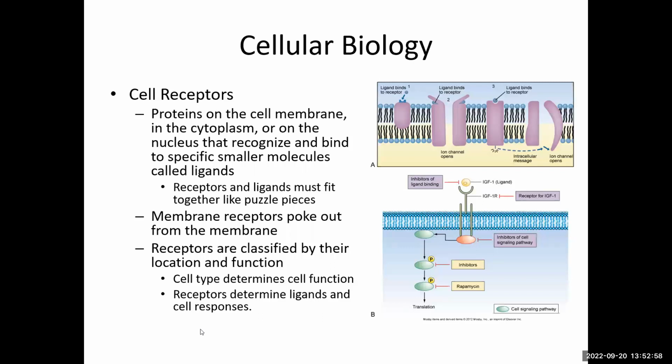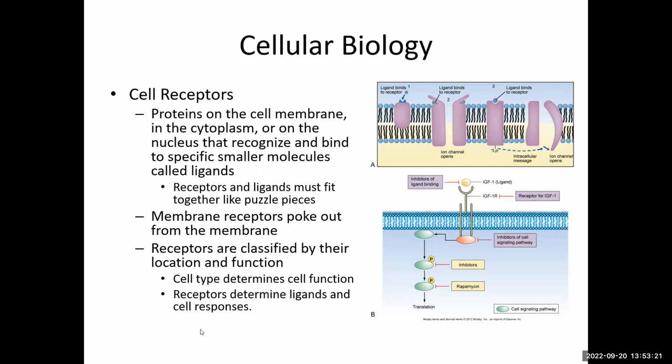So our cell receptors are going to be proteins that are on the cell membrane that are going to bind to specific molecules that we call ligands. These ligands are going to join to a specific portion of that receptor and activate that receptor. This ligand has to fit the receptor perfectly, much like puzzle pieces together.